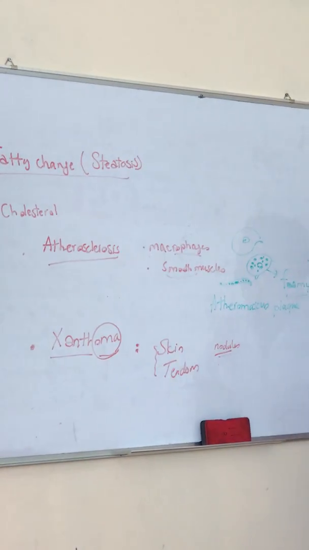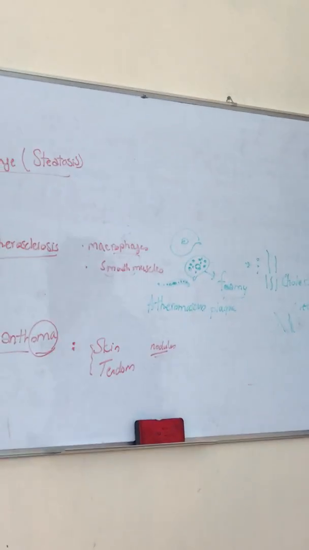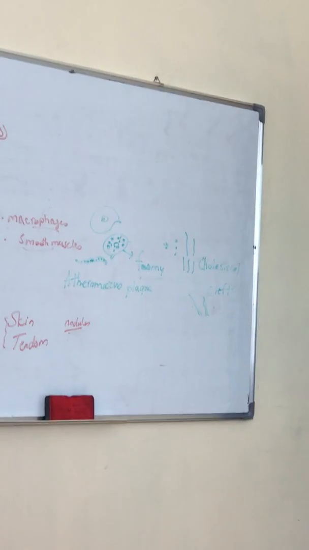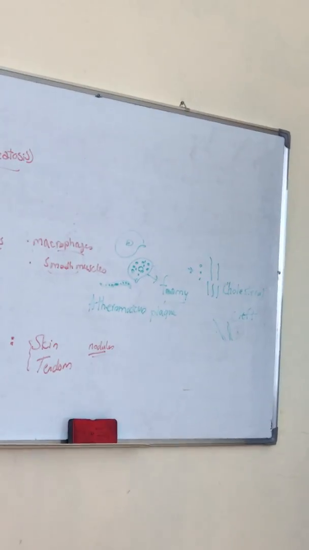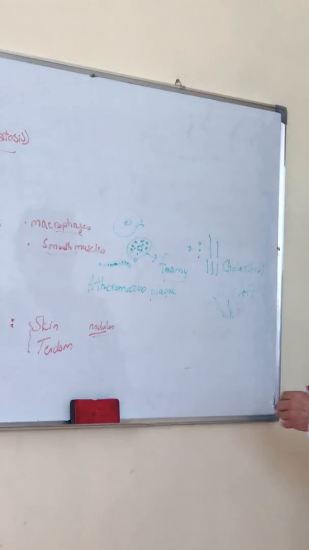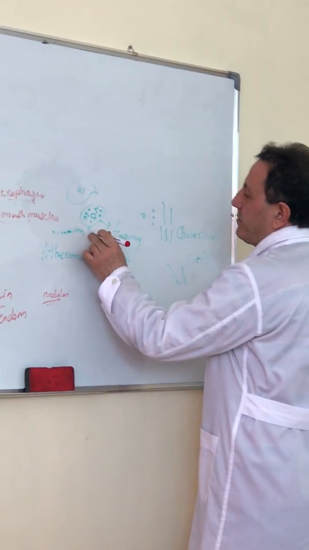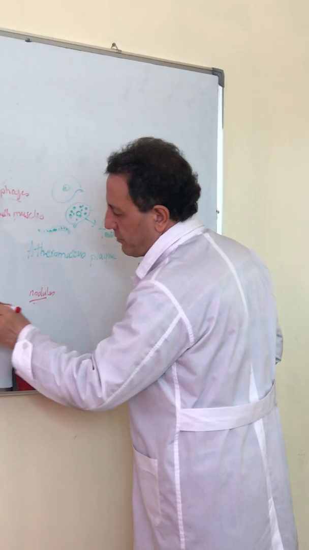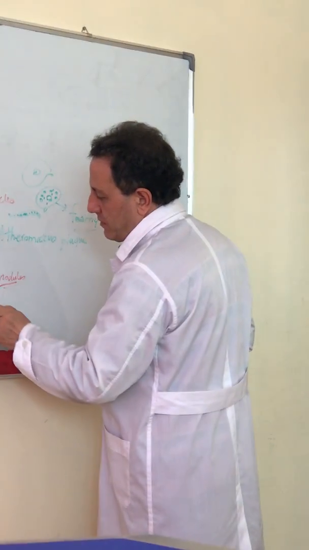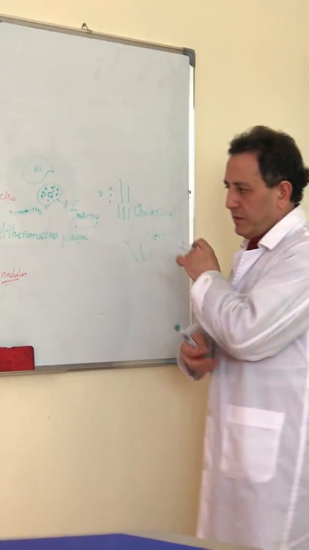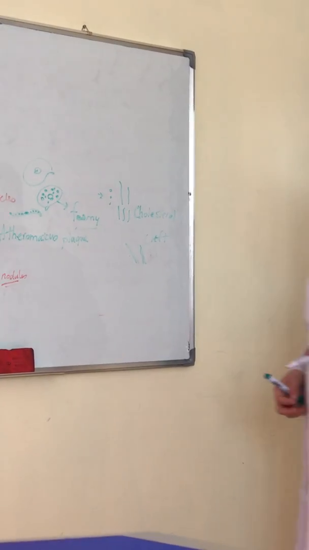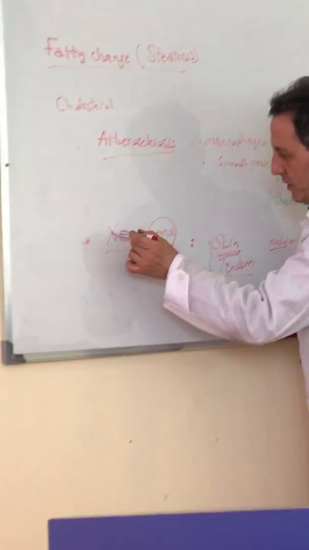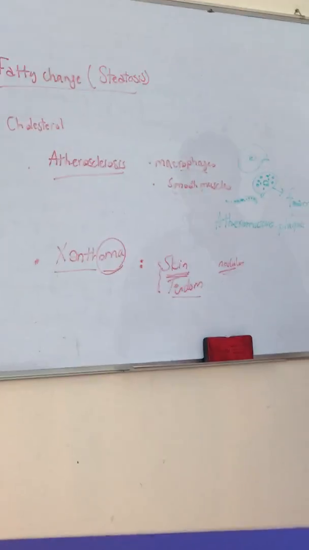Also, more commonly, you have seen some people who have small yellow-white dots on the skin. These are macrophage-laden cells in the subcutaneous area and maybe also in the tendons. So this is another example of cholesterol accumulation.